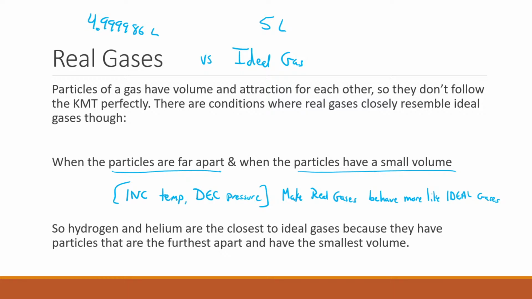So it really doesn't make a big difference mathematically to talk about ideal gases versus real gases, but it saves us a lot of headache. It saves us a lot of things we need to check for.